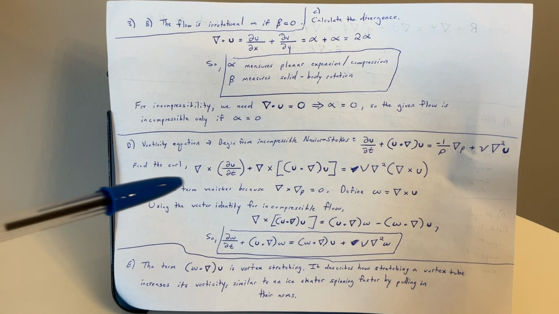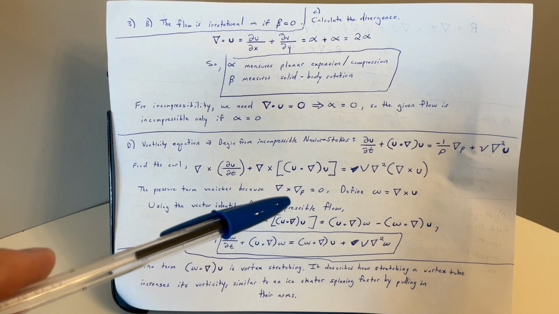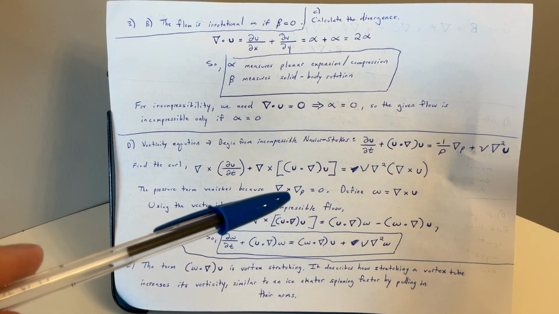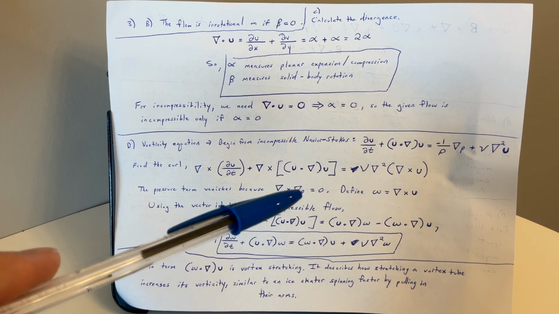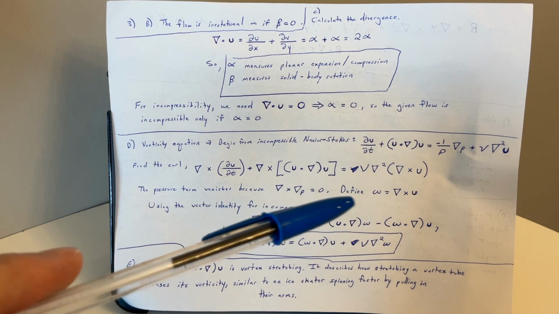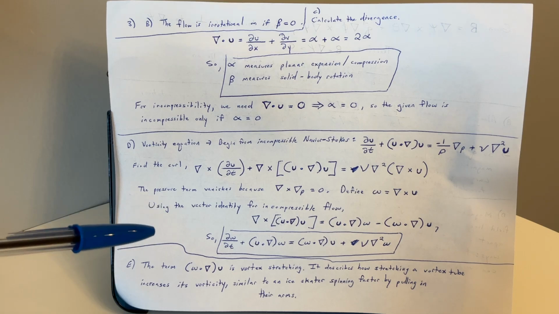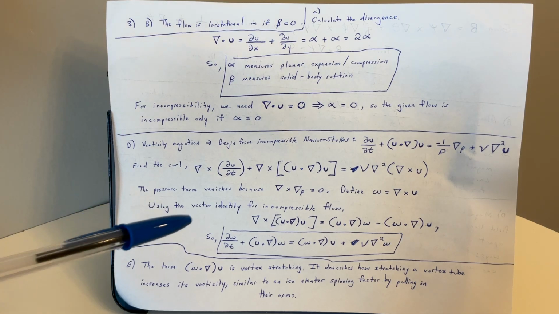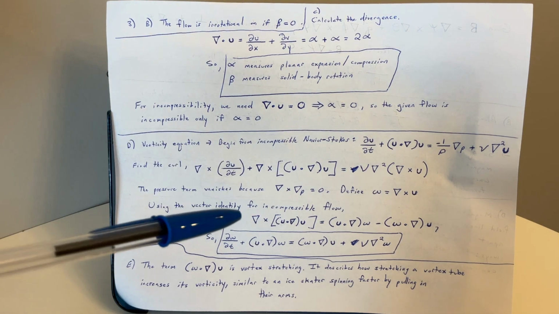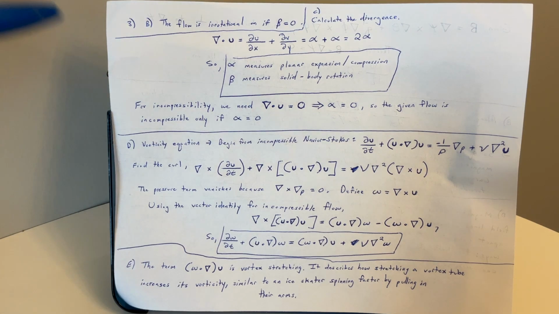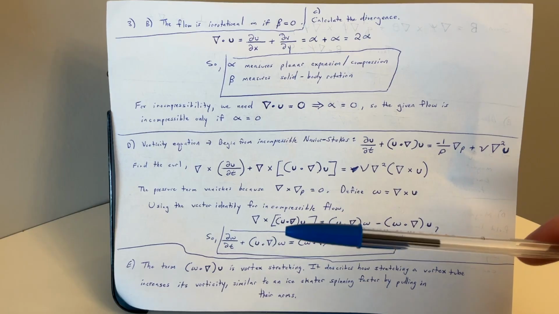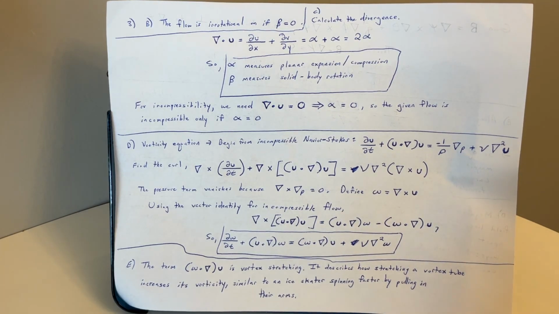What's going to happen is when we do this, the pressure term vanishes, because del crossed with del rho equals 0. If we define omega as del cross u, we're good to go using the vector identity for incompressible flow. We just wind up with this, from vector identities. I'm not going to say the whole thing, it's there.